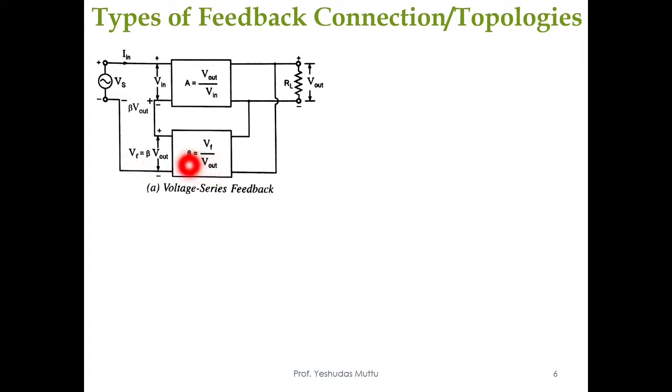So beta is the feedback gain, output upon input, which is Vf upon V out, because V out is the input to this block.